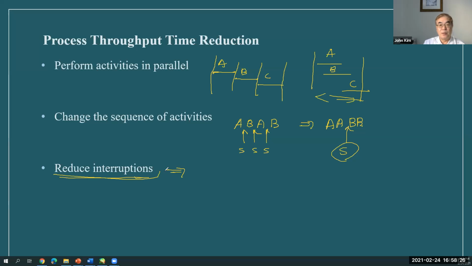If we prevent unnecessary or undesired activities, like a breakdown and so on, then we can reduce time. So by those, we can reduce throughput time.